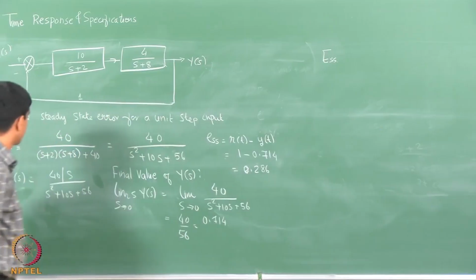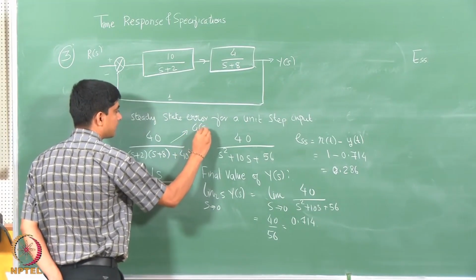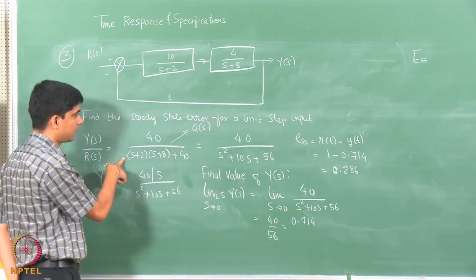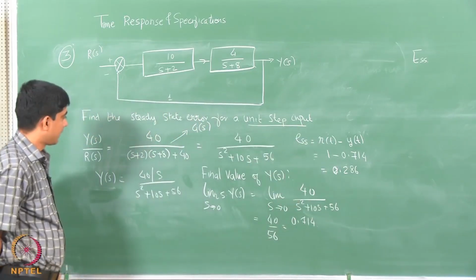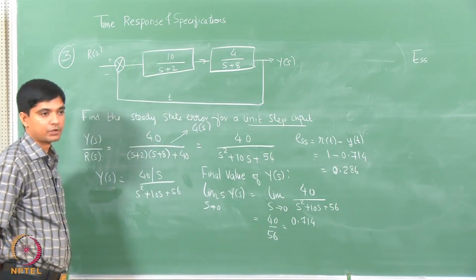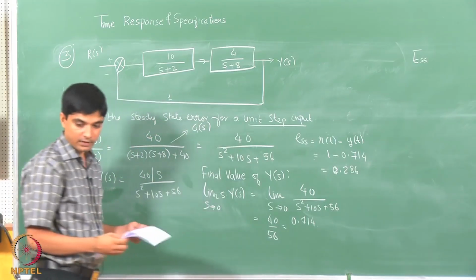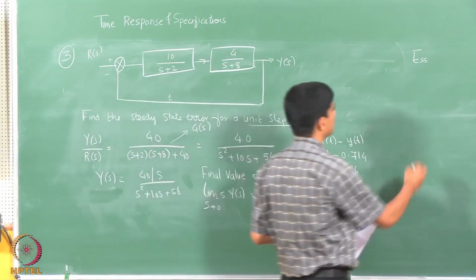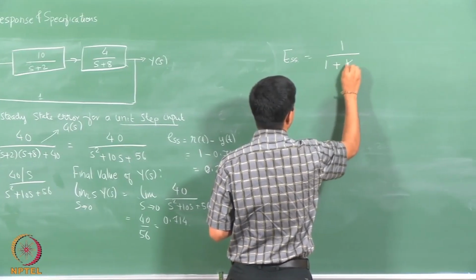So, if I look at this, this was called the G of s, it is a type 0 system and I am tracking a unit step, and I know that there will be some position error, of course. This tells me already that. So, how would I compute that? Okay. So, ESS was 1 over 1 plus Kp, right.